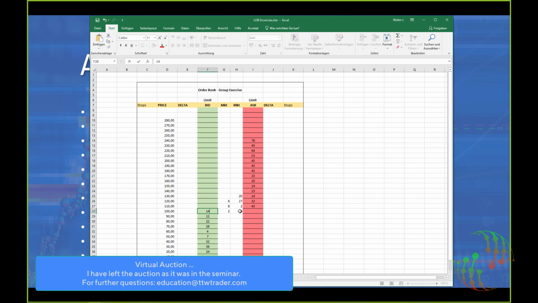Either you hold it overnight hoping the price goes up tomorrow so that you can sell your contracts, or if you are unlucky, in an overnight session they will hit this really weak bid side and bring the price further down. So you are in big trouble with your 120 and 130 positions.